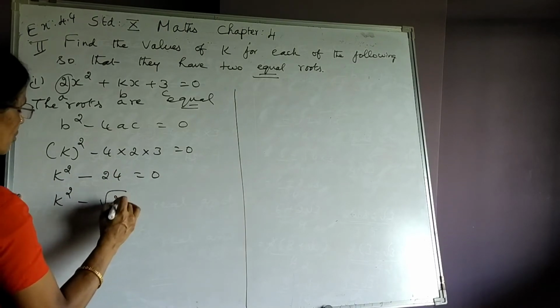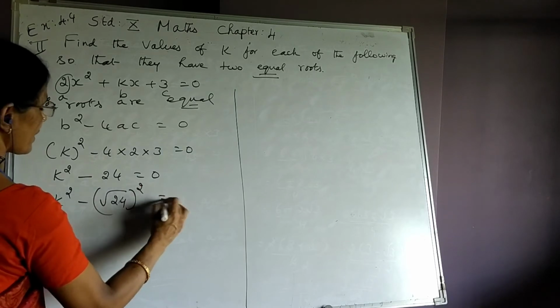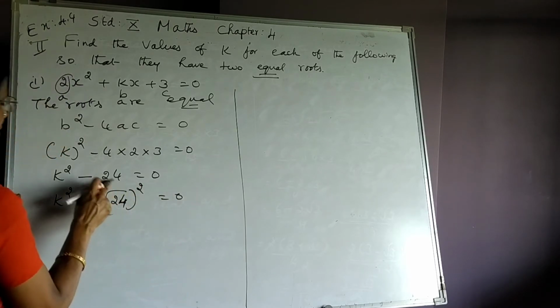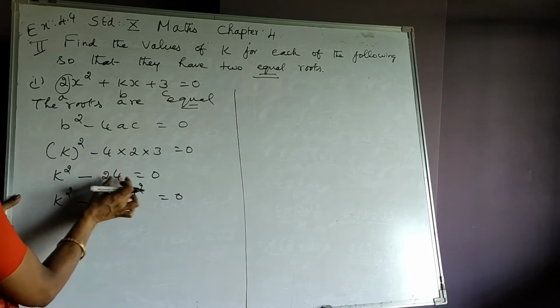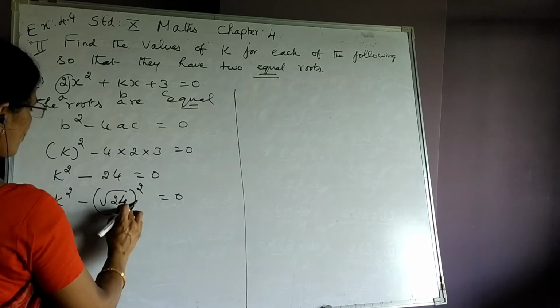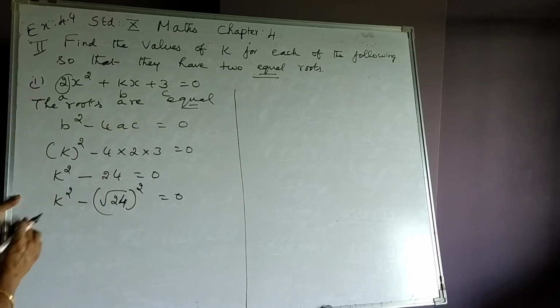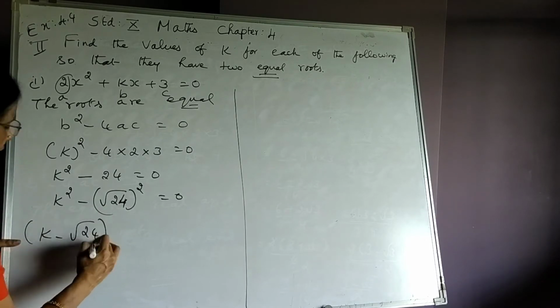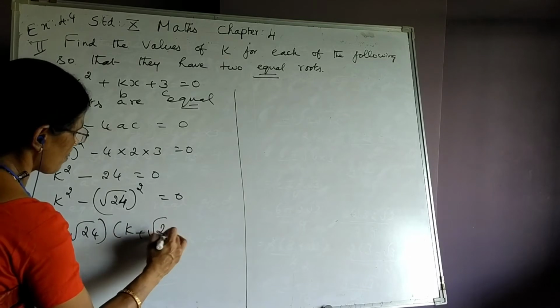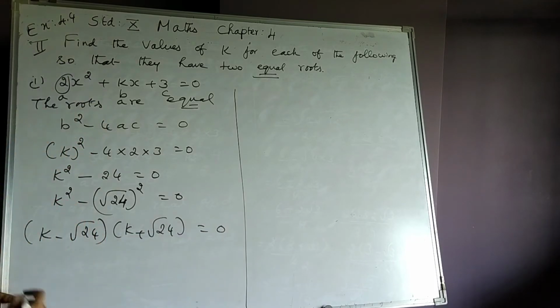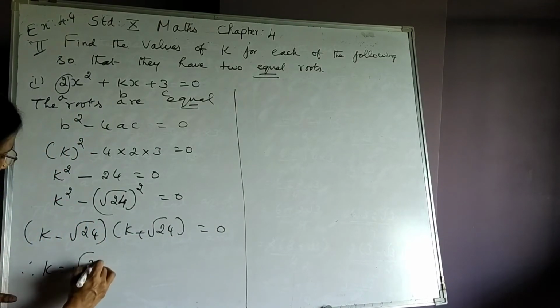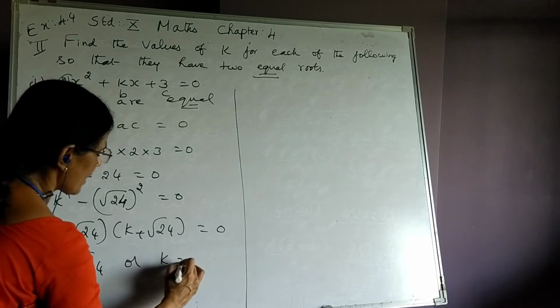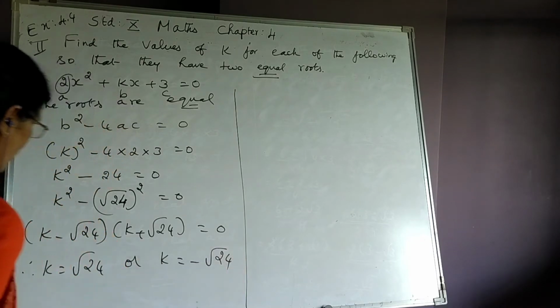I write this as root 24 the whole square. Root 24 square is 24. It's not a perfect square number. Therefore, this we have written as root of 24 the whole square. So, it is of the form A square minus B square. The factors are K minus root 24, K plus root 24 equal to 0. Therefore, K is equal to root 24 or K is equal to minus root 24.